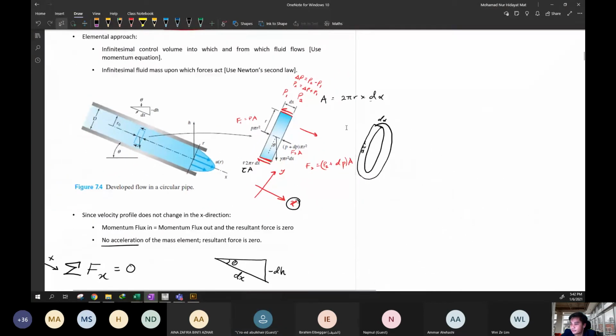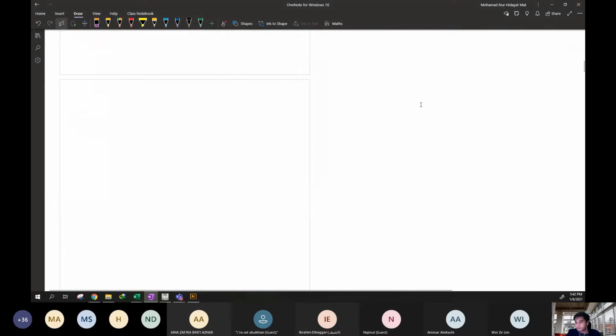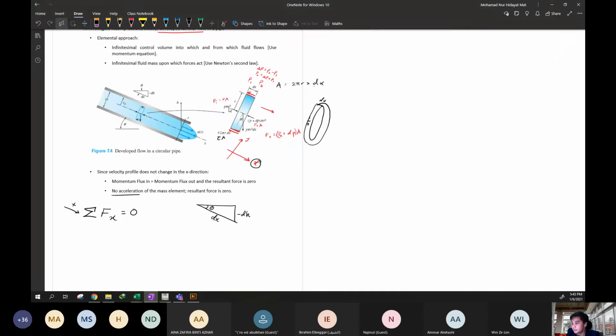From this one, let's make the summation of force equal to 0. So from here, let me start the derivation. What do we have for the force here? Let's start with this. We have the pressure multiplied with the area, so P pi r squared.